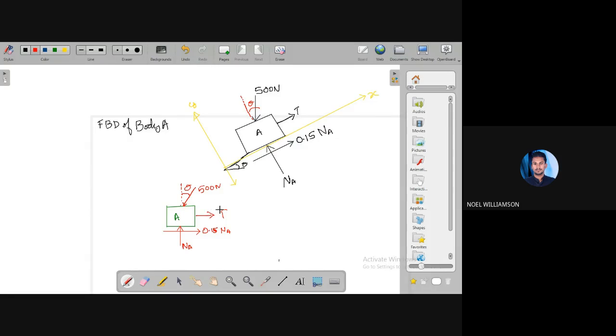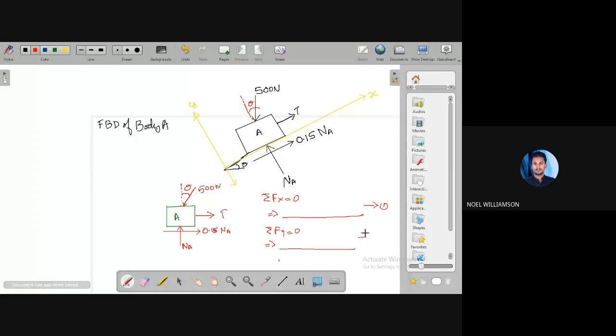And now considering the equilibrium equations, that is sigma Fx equal to 0 implies you will get one relation. Then sigma Fy equal to 0 implies you will get another relation.